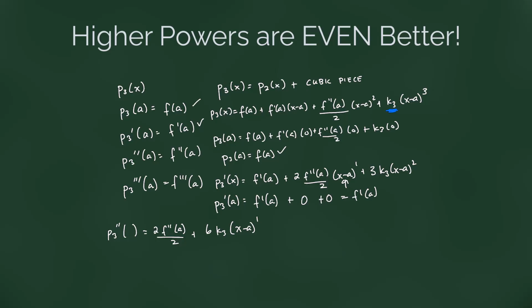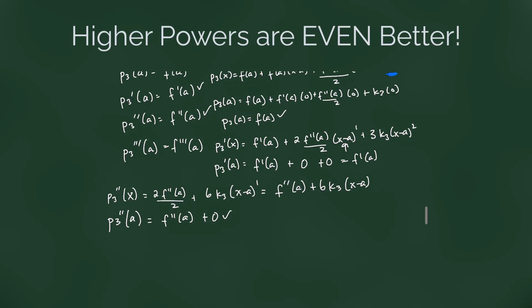So p3 double prime of x is just f double prime of a plus 6 times k3 times x minus a. But of course, if we plug a into that, p3 double prime of a is going to be f double prime of a plus 0. So our third condition is met.